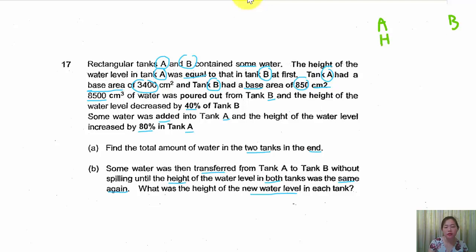So the height here and the height here is the same. The base area is actually 3,400 for A. So 3,400 is here. Base area. And 850 is here.